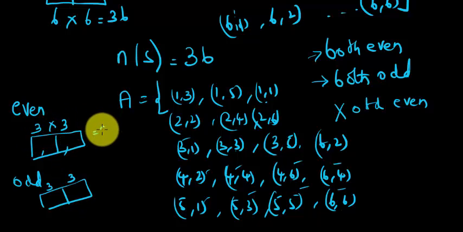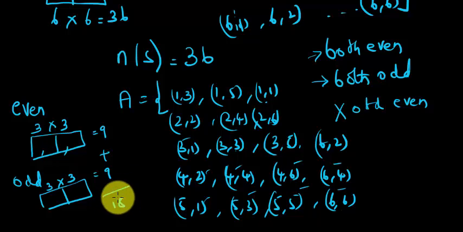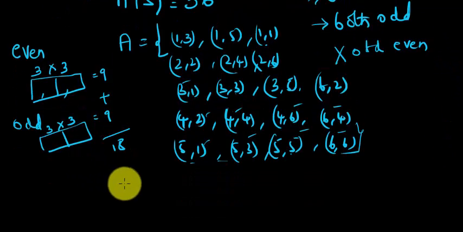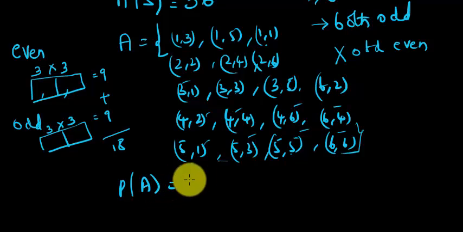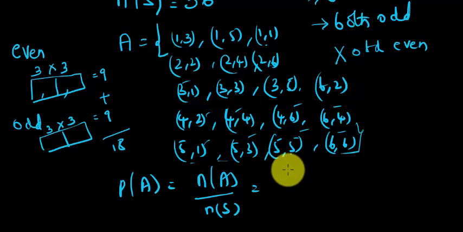It's going to give me 9. Again 3 into 3, which is 9. So adding them up, I get 18. This is another way of doing the same question. So here too I got 18. Now let's go ahead and find the probability of A. The probability of A is equal to n of A divided by n of S, which is nothing but 18 over 36.